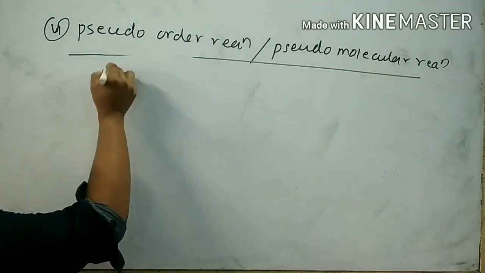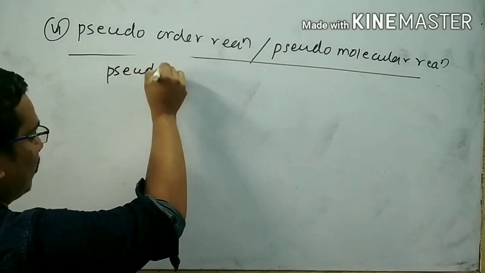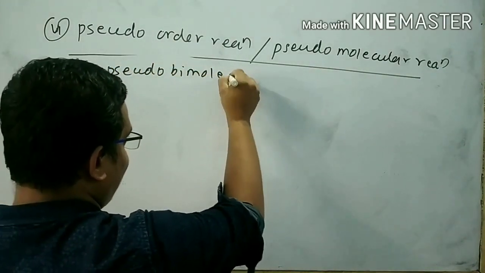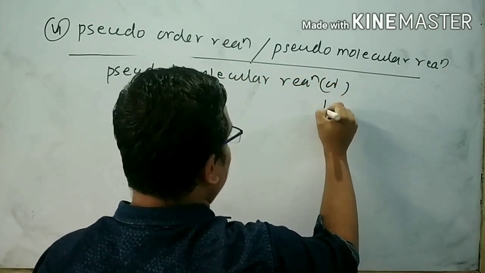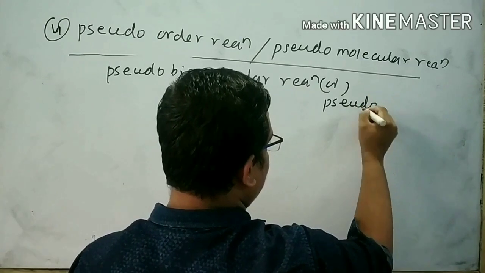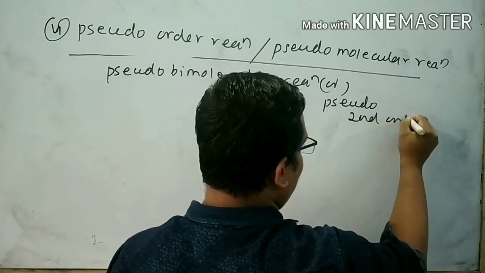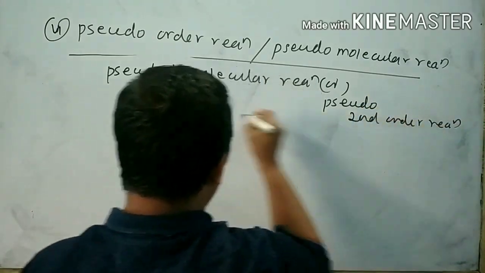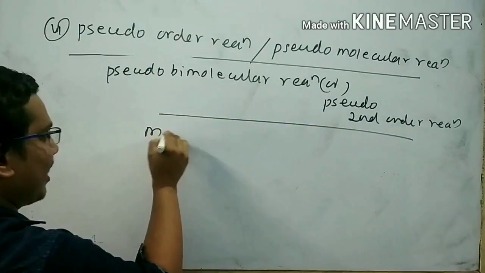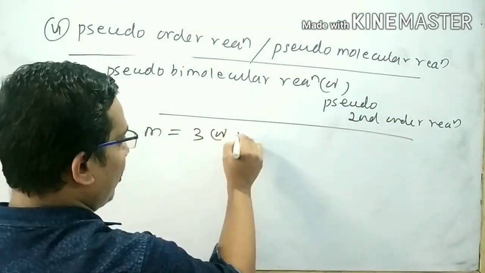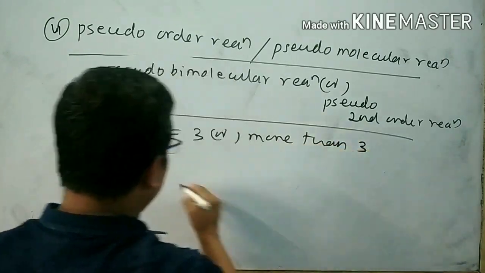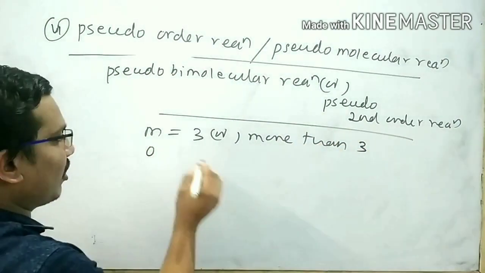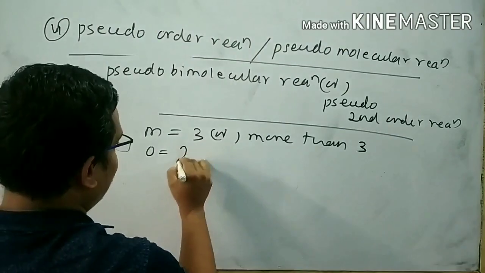Next I will discuss the pseudo bimolecular reaction, or pseudo second order reaction. For this reaction the molecularity is 3 or more than 3, but the actual order of reaction is 2.